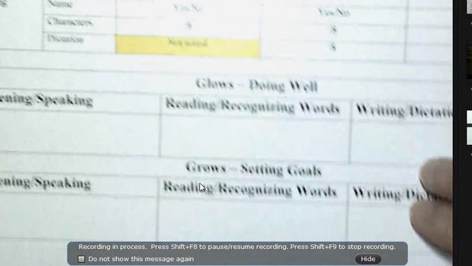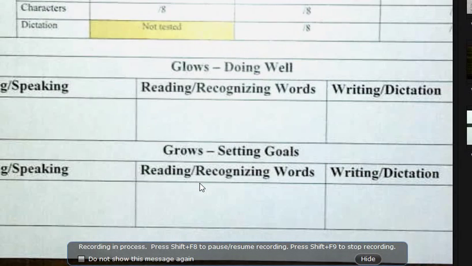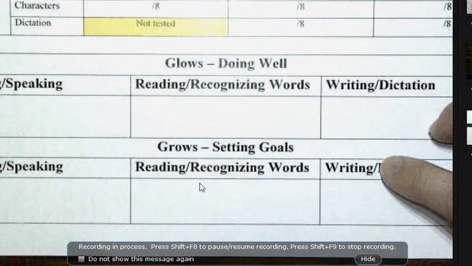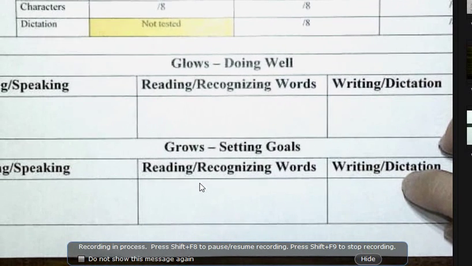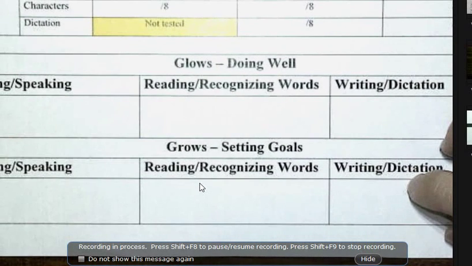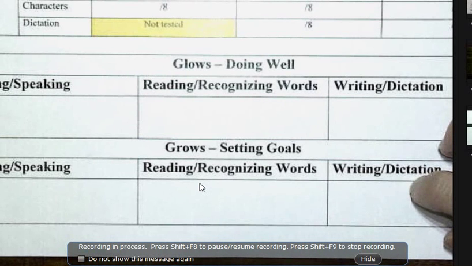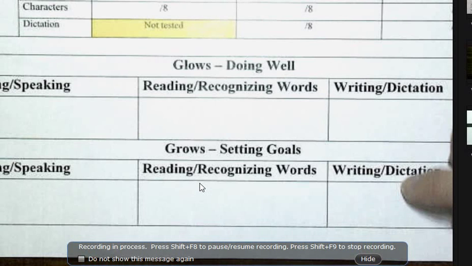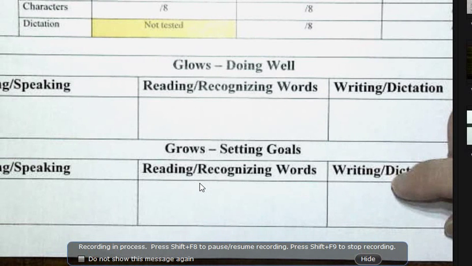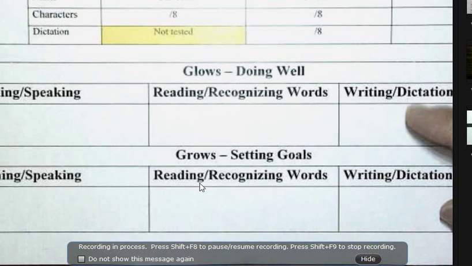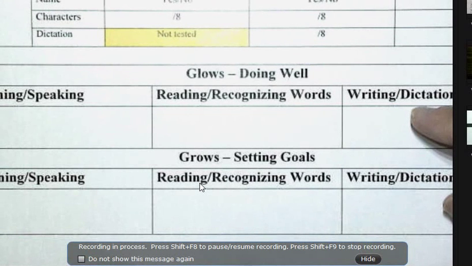On the bottom, I'll set certain goals for them and how to practice with them, either at home, with flashcards, or looking at videos online. Just setting goals to help them, and this is where they shine, what they're good at.